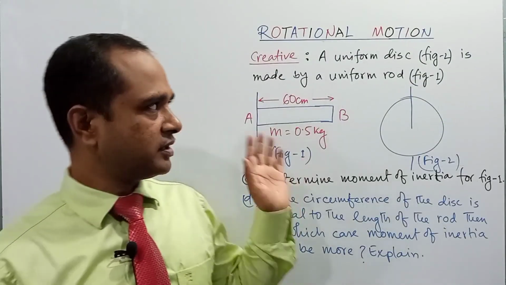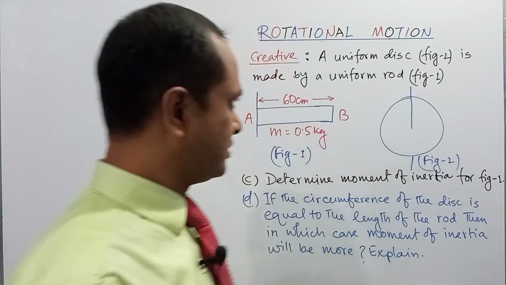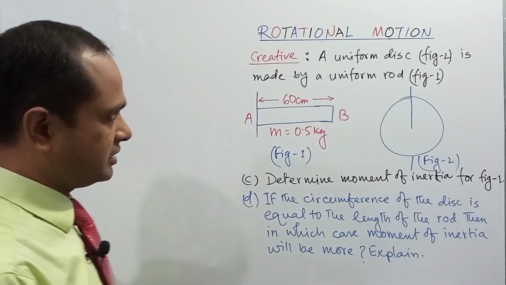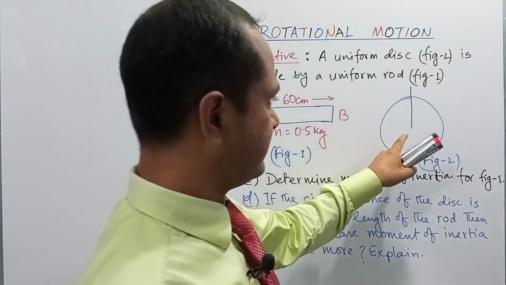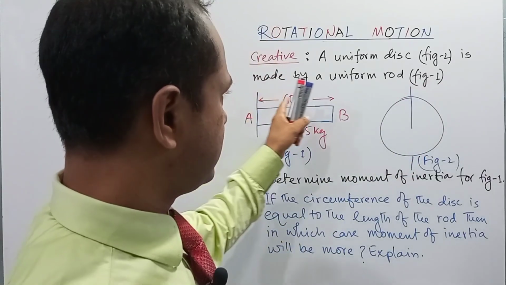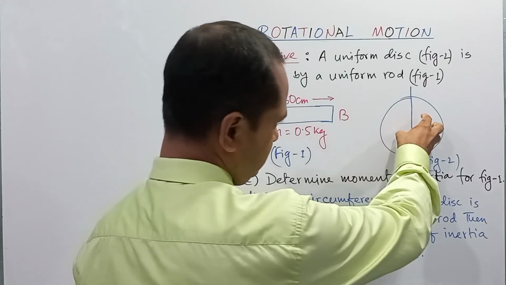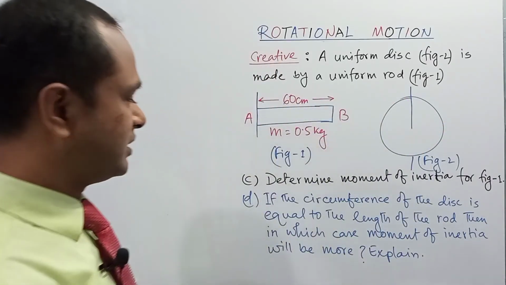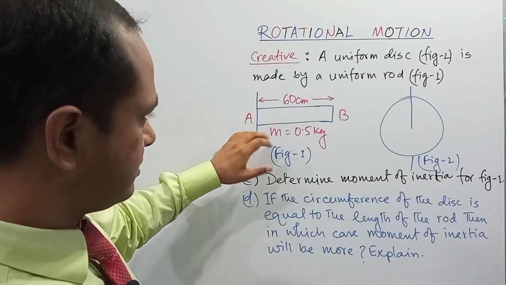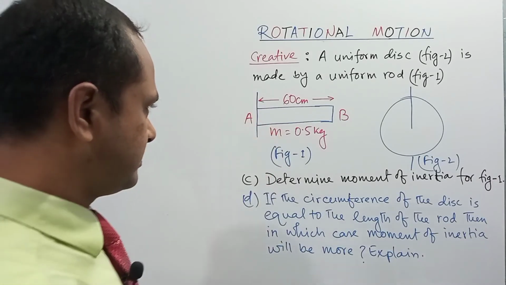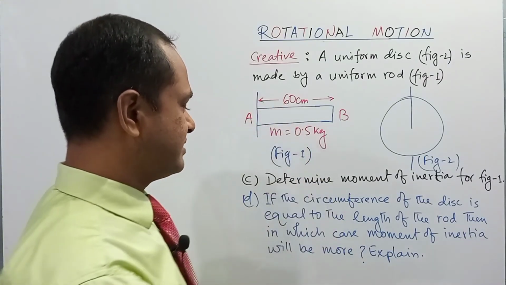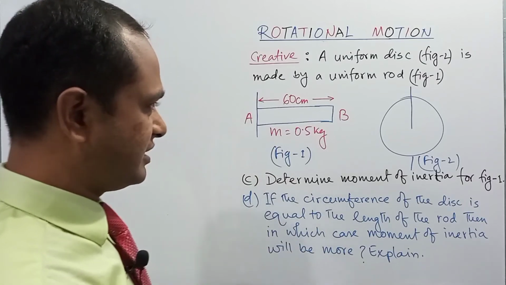Dear student, here is a creative question. In the question they said that a uniform disc like figure 2 is made by a uniform rod in figure 1. That is, this disc is made by the rod. Here the length and mass of the rod are: length is 60 centimeter and mass is 0.5 kg.